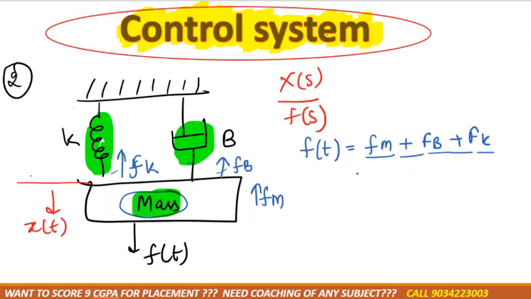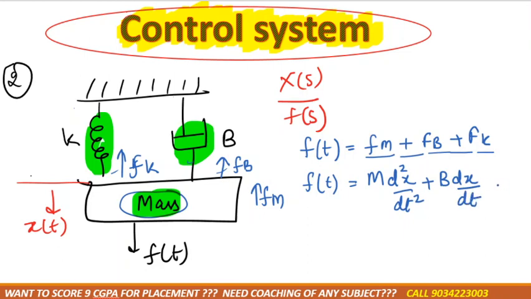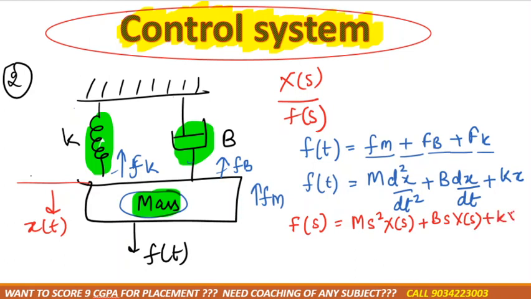So, in this case, it would be how much? F of t is equal to Fm, that would be m d2x by dt square plus b into dx by dt plus k into x. Now we need to take the Laplace of this one. F of s would be m into s square x of s plus bs x of s plus k into x of s, right?